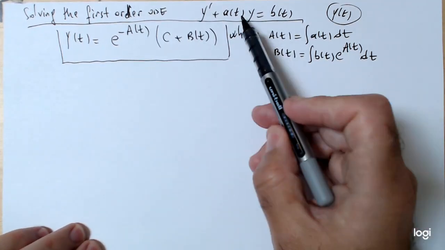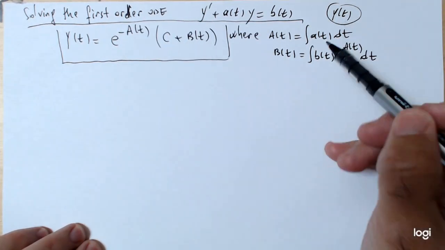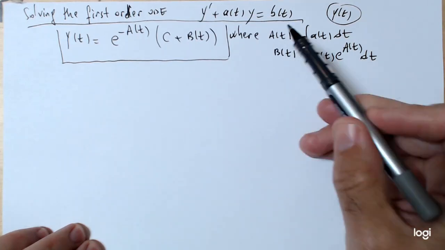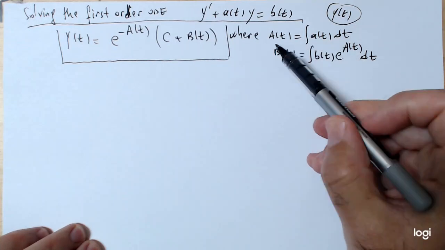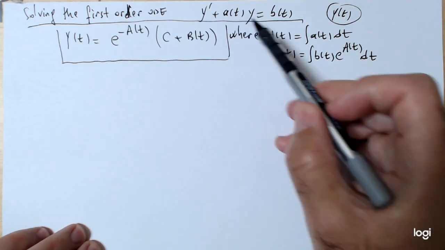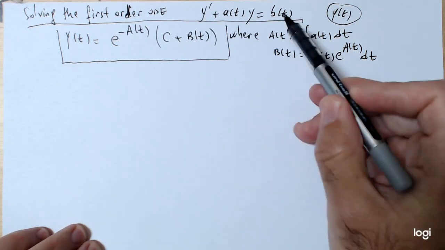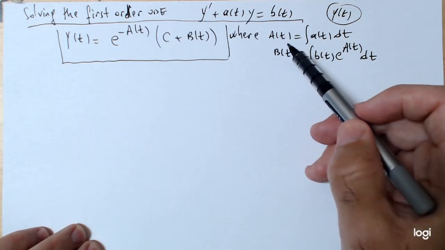So one can prove that the general solution is in terms of two integrals, which you have to do in this order precisely, because the second depends on the first. So the first integral is the integral of a of t dt. I'm going to call that big A of t. And the second one is the integral of the right-hand side times e to the big A of t.